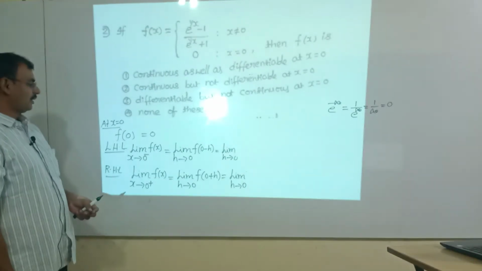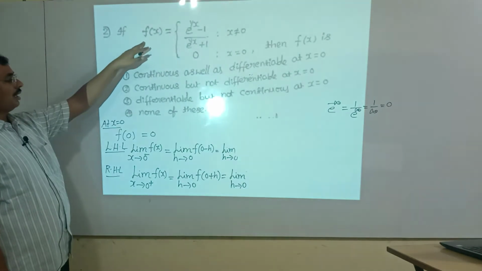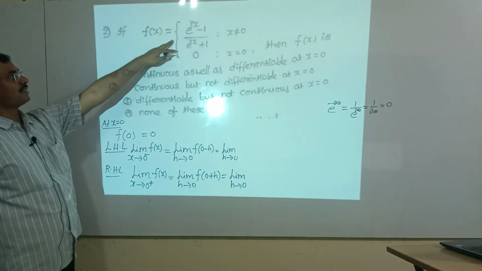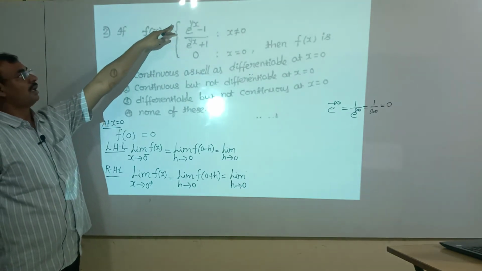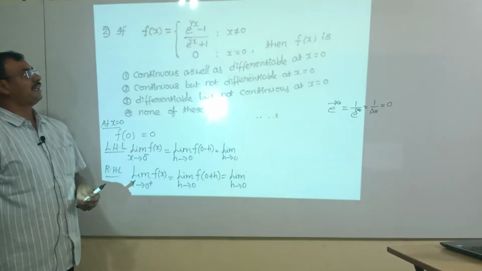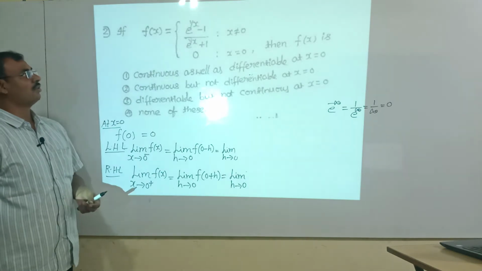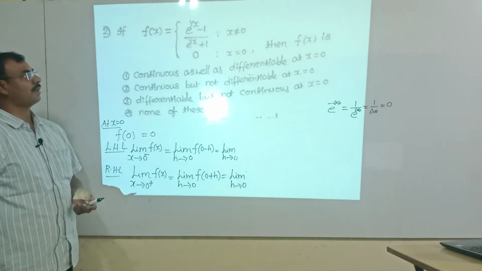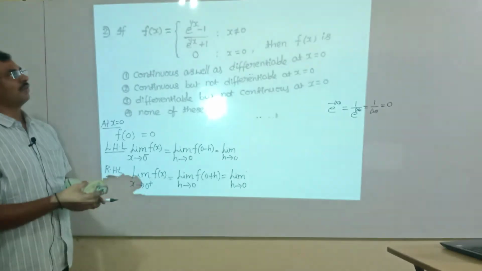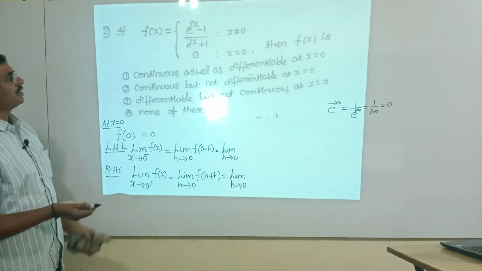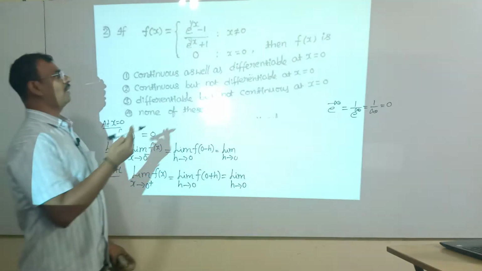See the problem number 2. If f of x is equal to e raised to 1 divided by x minus 1 upon e raised to 1 divided by x plus 1 when x is not equal to 0, and 0 when x is equal to 0.